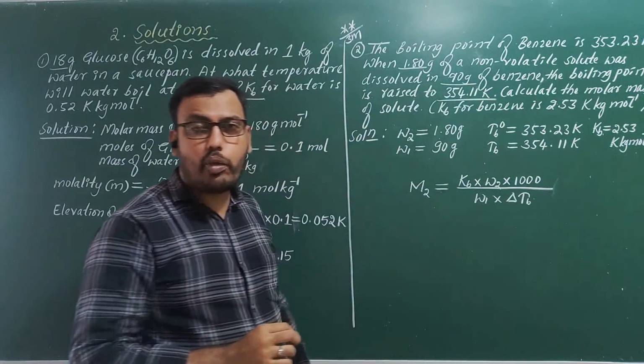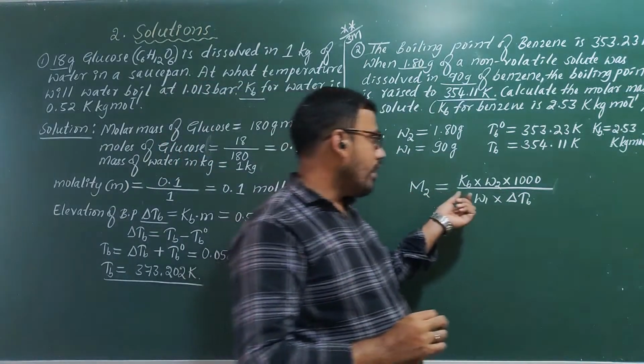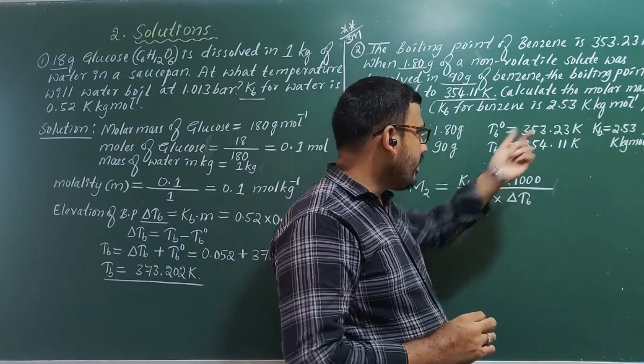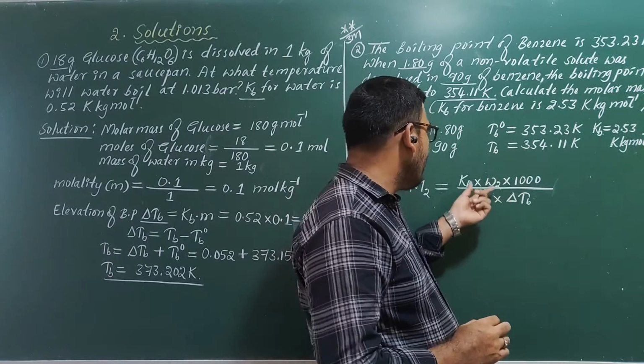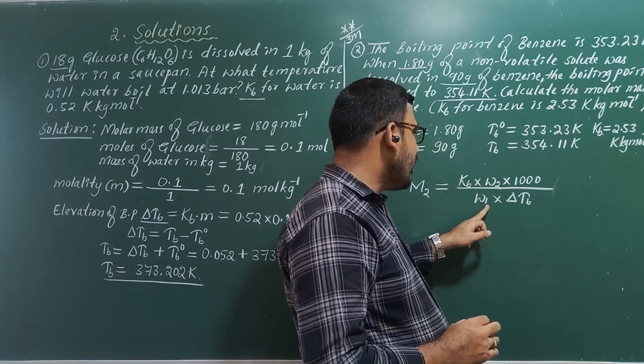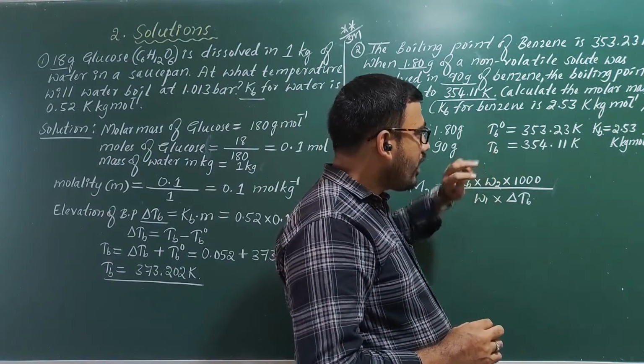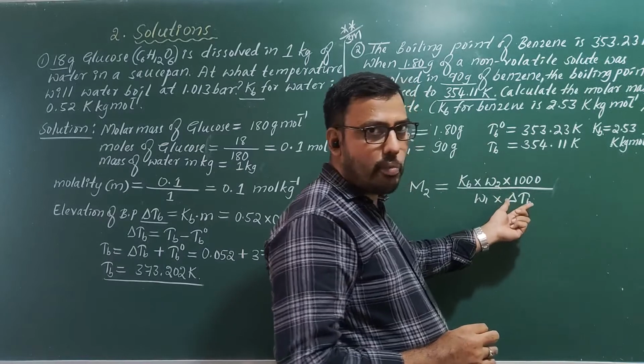So this is the formula to calculate the molar mass of solute. Looking at what is given, Kb is given, W2 we know, 1000 is already there, W1 is also there, delta TB we don't have. When TB and TB naught are given, you can calculate delta TB.